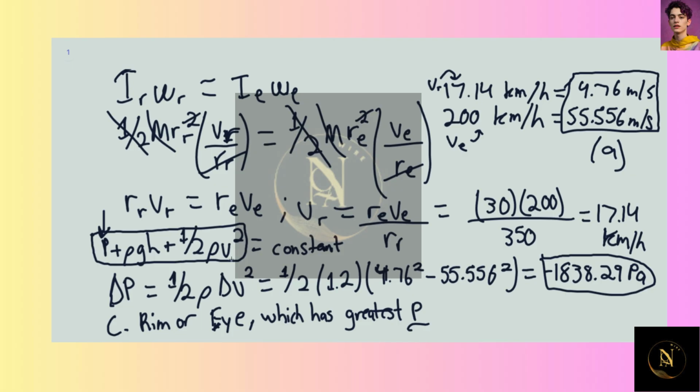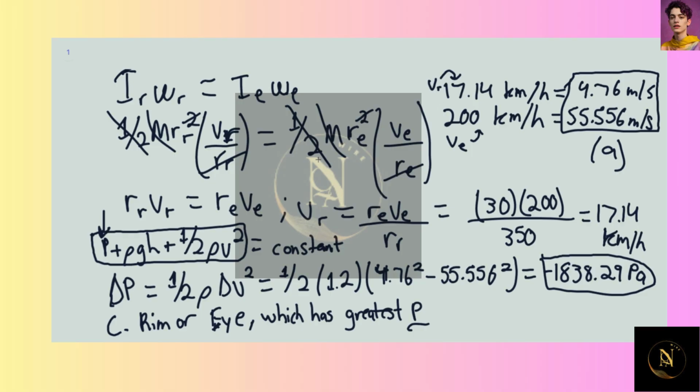So in this sense, at the eye, a lot of the energy is coming from the velocity and not the pressure. However, at the rim, a lot of the energy of this hurricane is actually from the pressure, because at the rim there really isn't that much velocity relative to the eye. I mean, the eye is at 55.556 meters per second, and the rim is only 4.76 meters per second.